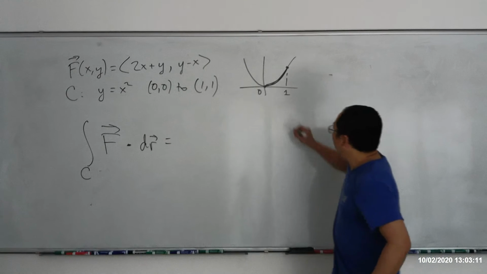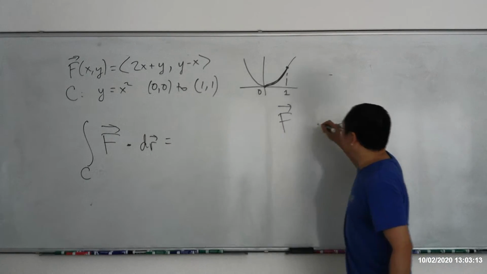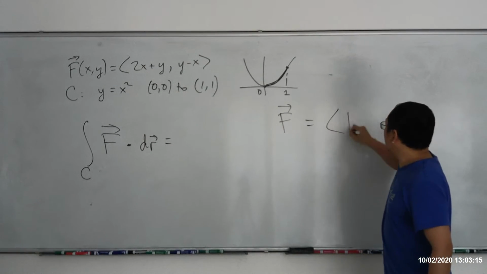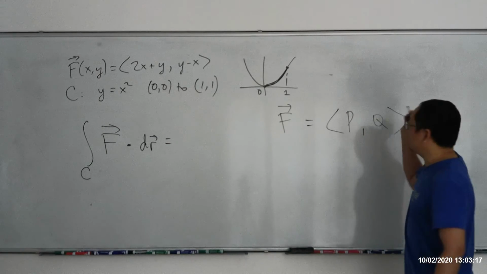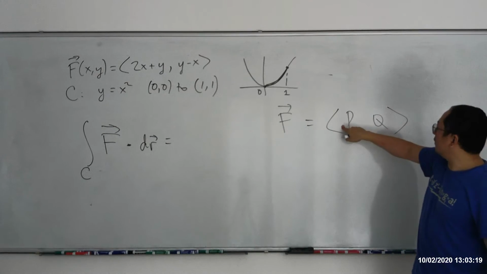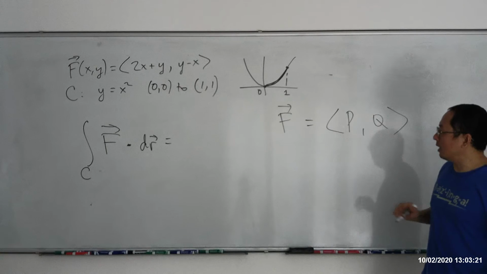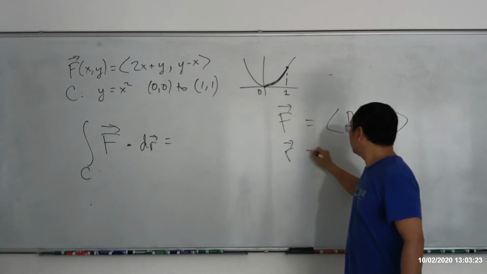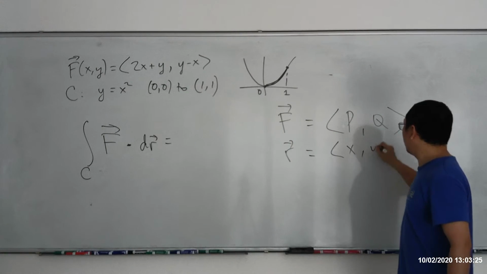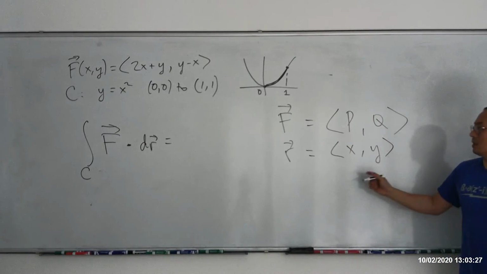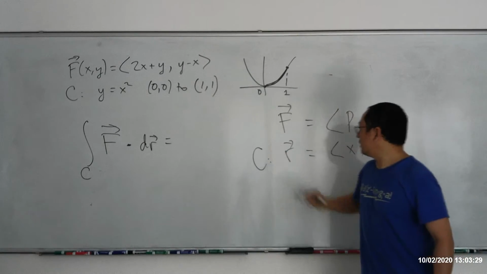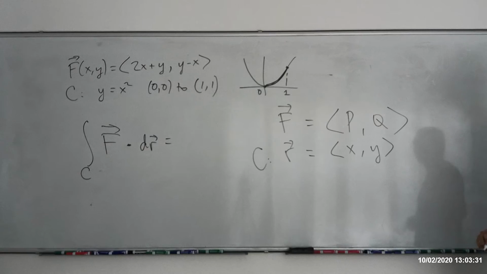Recall that F is a vector field. F can be represented as (P, Q) in two-dimensional space, where P is a function of x, y, and Q is another function of x, y. And r is (x, y). It's just the curve C, represented as a vector (x, y).